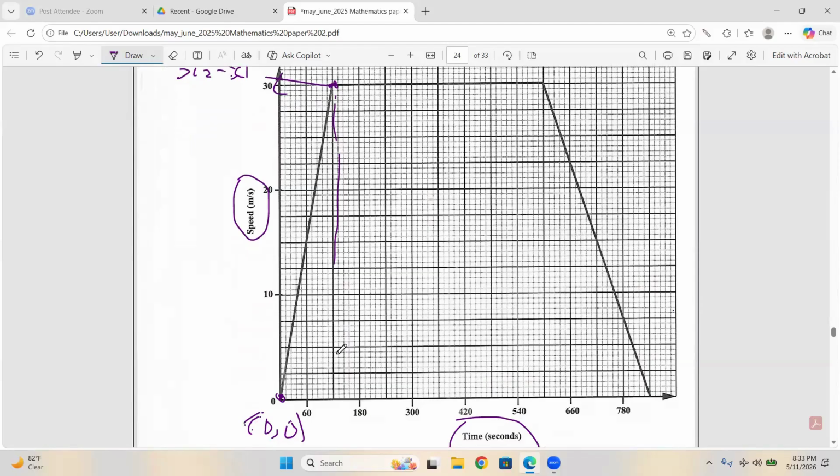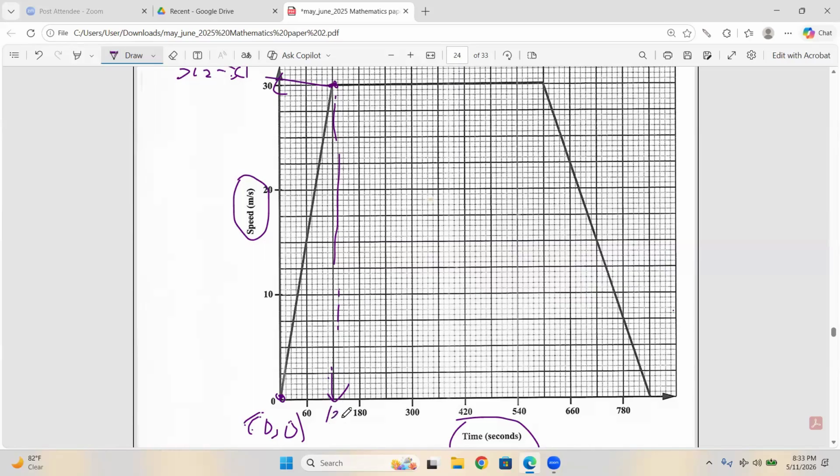The X value is what? Coming down here. It's halfway between 60 and 180. If we take away 60 from 180, we get 120.